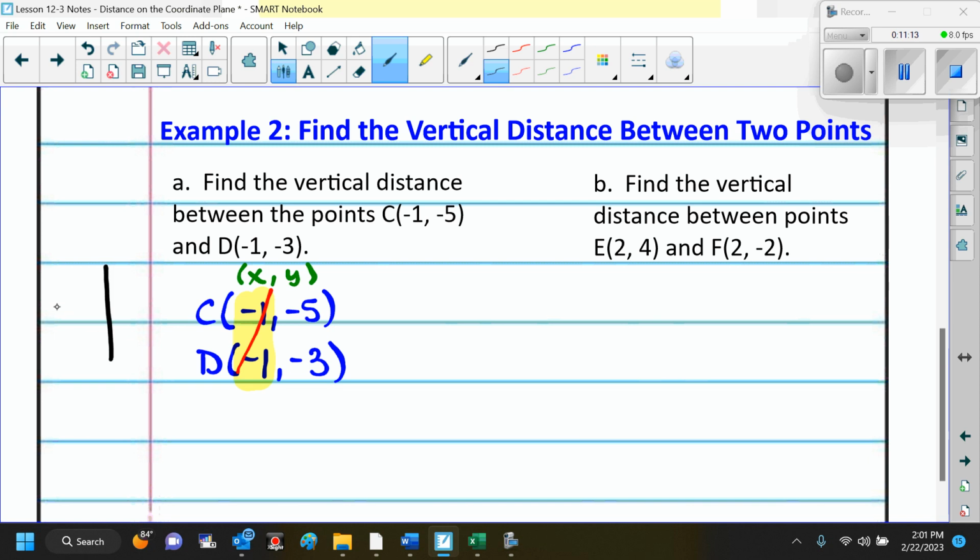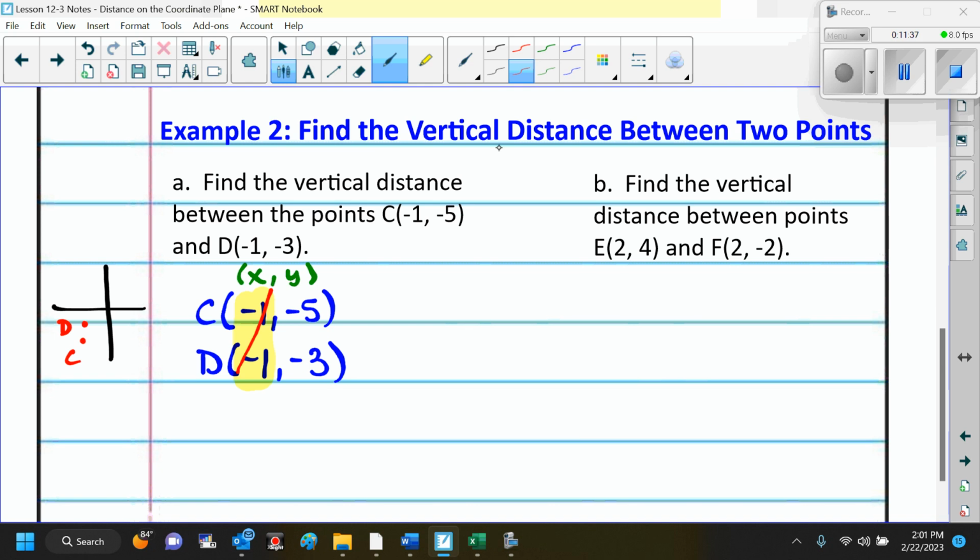You just sketch a little thing over here, and this says negative, comma, negative. So that means that we're going negative to the left, negative down. So C is down here somewhere. Then we've got D at negative, comma, negative. D is down here somewhere. So we are in the same quadrant.